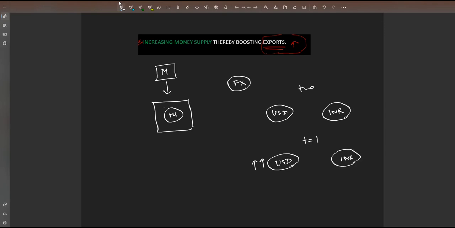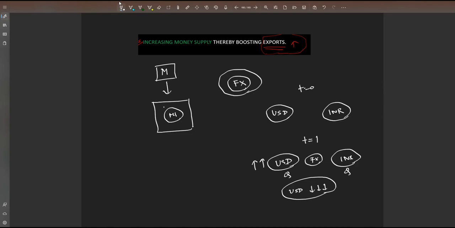The quantity of this money increased compared to this quantity. What happens is the foreign exchange rate changes. Changes in which way? The currency which increases more in money supply should decrease in value. So USD in this kind of a scenario should decrease in value.